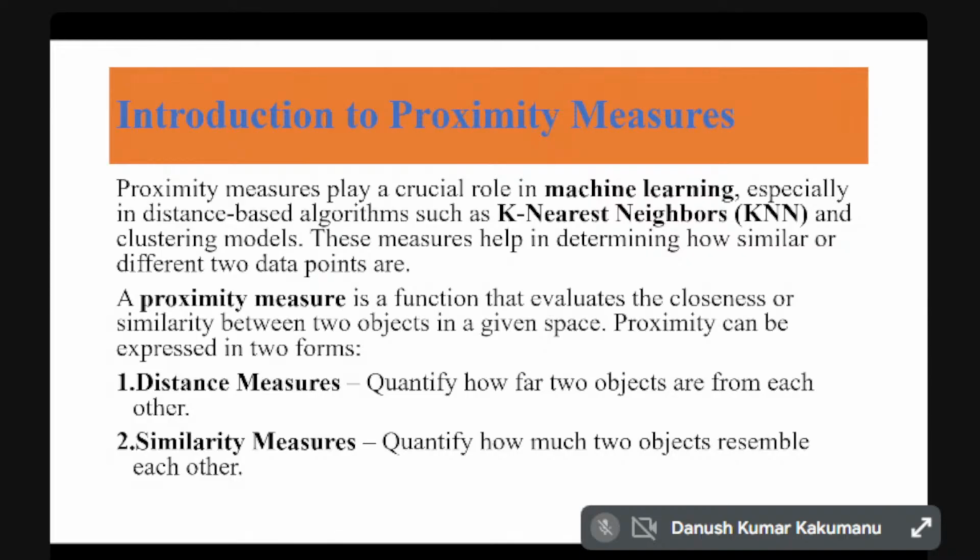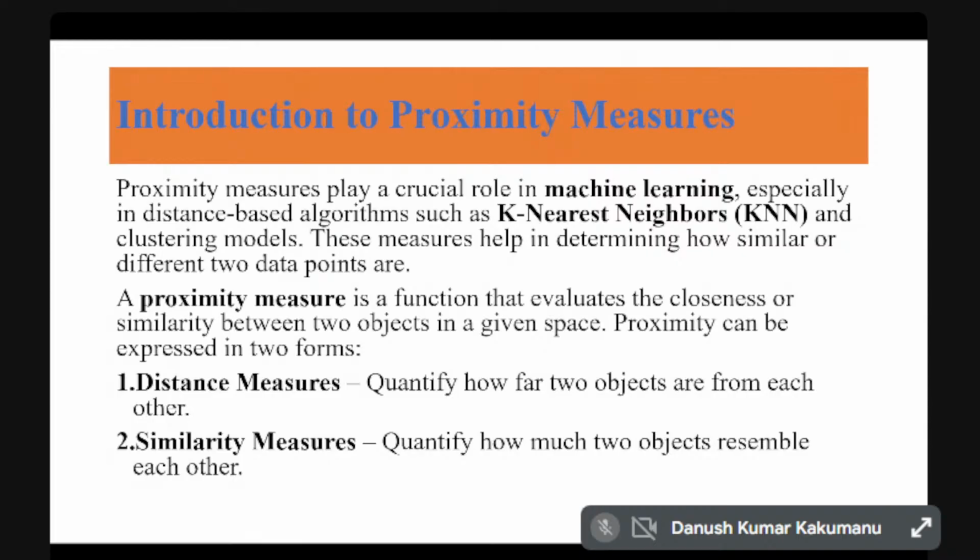Here we are using proximity measure to find similarity. In the case, if we are getting the similarity percentage, at the same time we will get the dissimilarity percentage also.